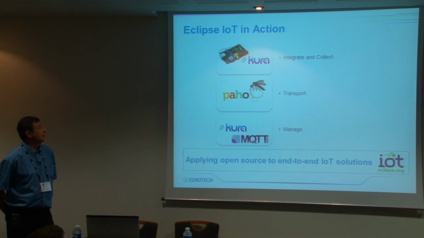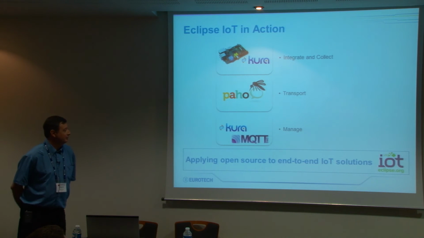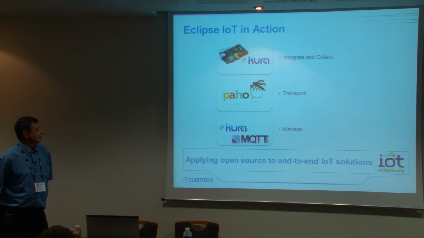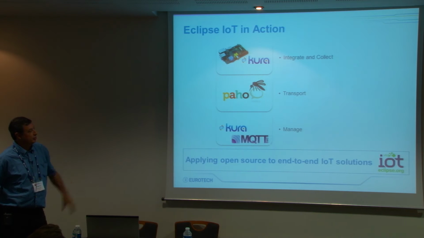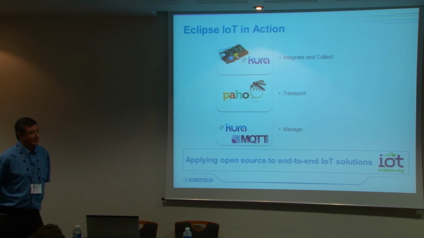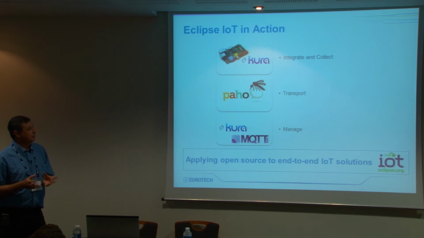We call it Eclipse IoT in action. It was a presentation last year. Kura is actually a full framework that is embedding all the parts that are needed to manage and to connect a gateway to the cloud.